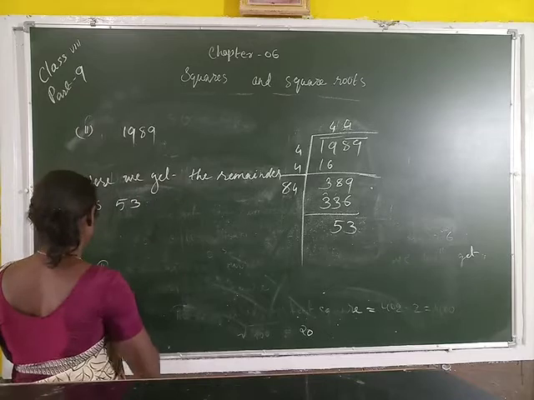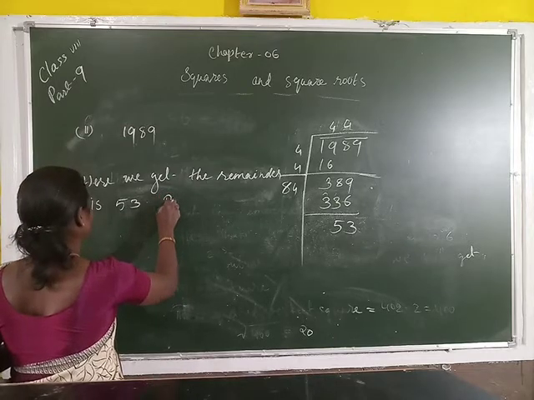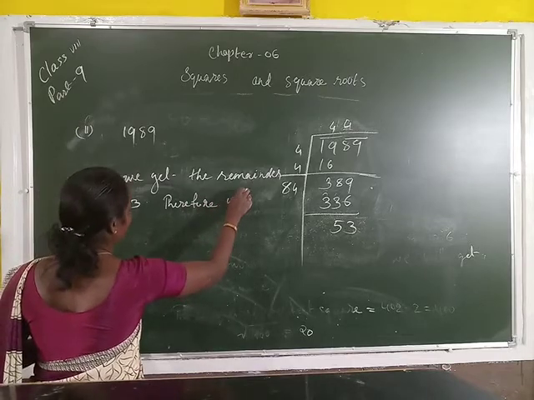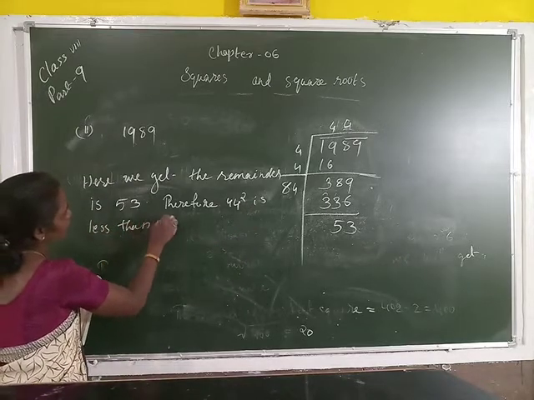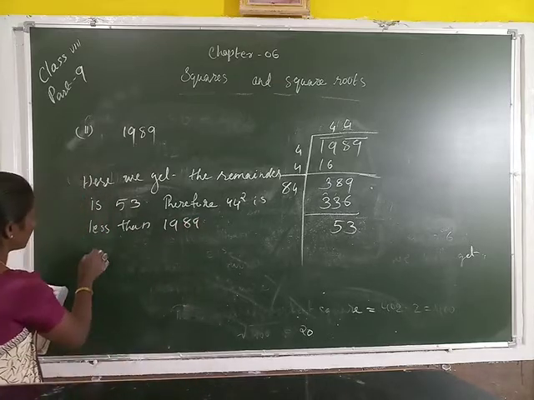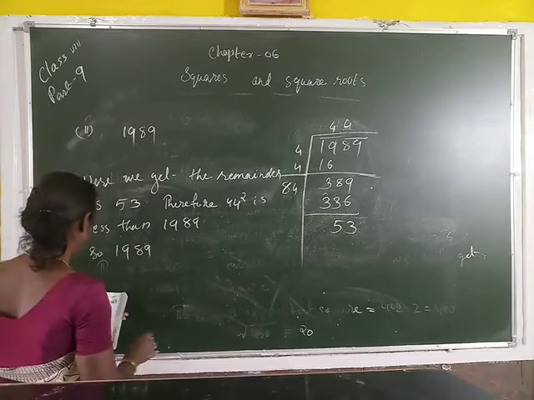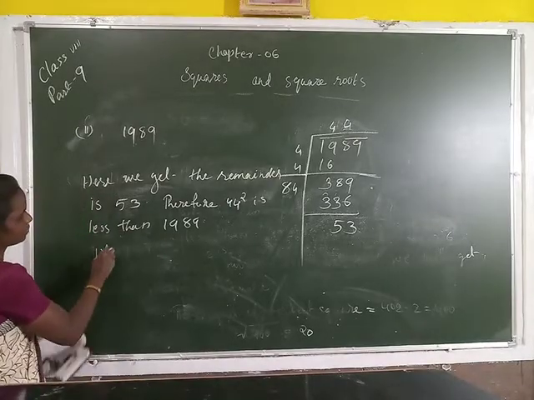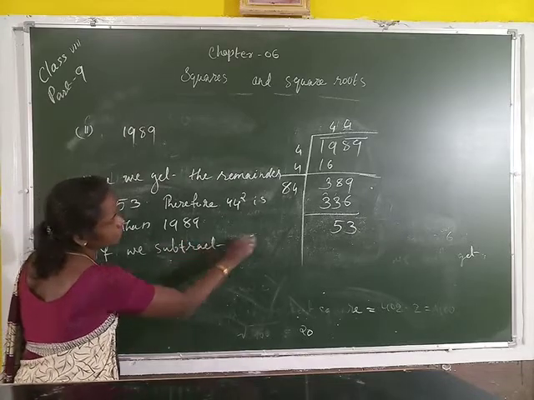Then write, therefore 44 square is less than 1989. So which number do we subtract from this number?